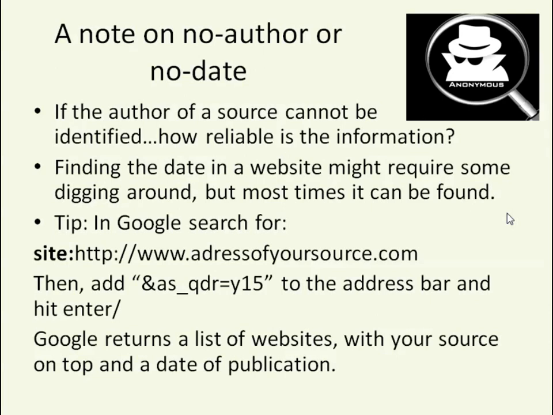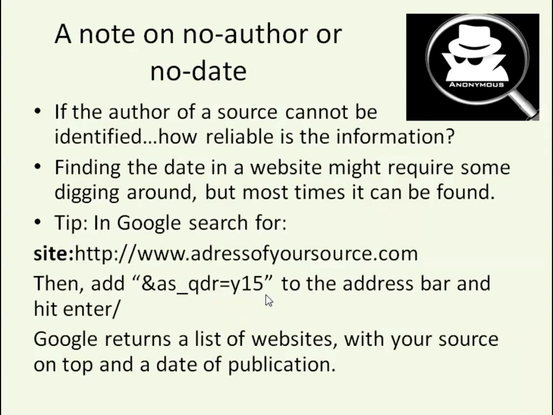And the way you do it is you search in Google for your website, and before it you put the word site like this. And then after that, you're gonna get an address in your address bar, and to it you add this string of characters.